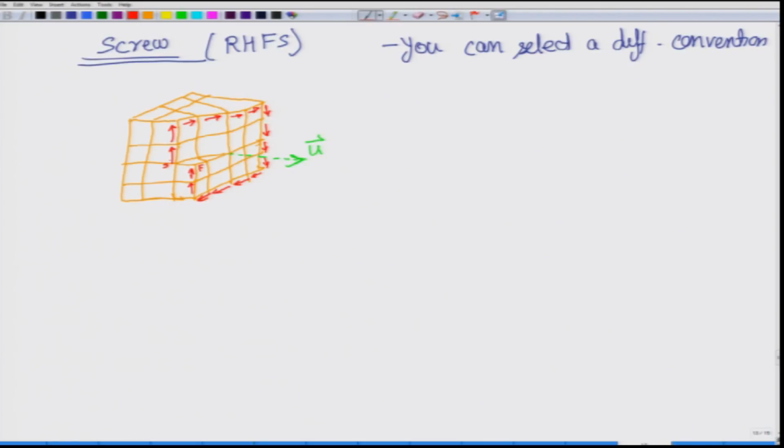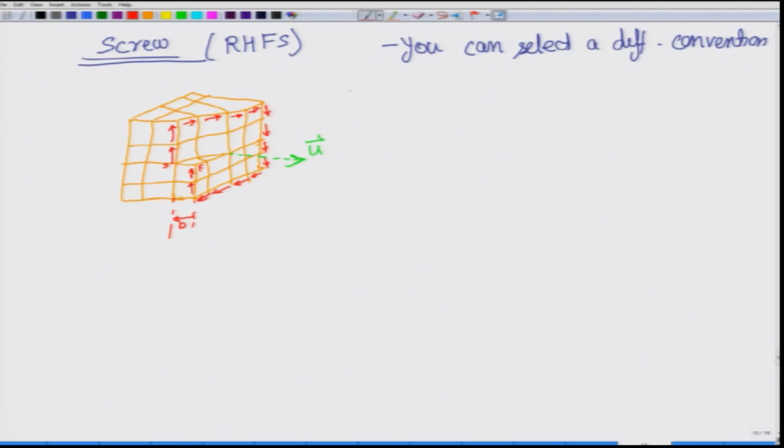So, here this is the gap, and hence your Burgers vector would be this. Again using the RHFS, finish to start, this gives us the Burgers vector.